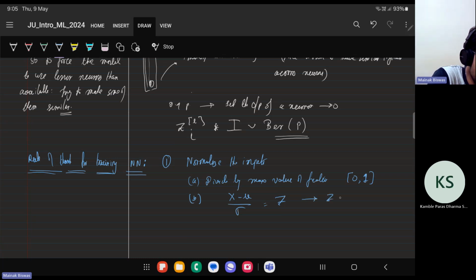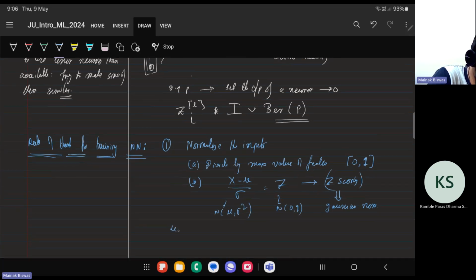This is called Z scoring, because you are doing a normal or Gaussian normalization. So you're making this normal 0-1 distribution from a normal mu sigma distribution. And how are mu and sigma calculated? Mu is the sample mean of the feature. Sigma is the sample variance of the features.